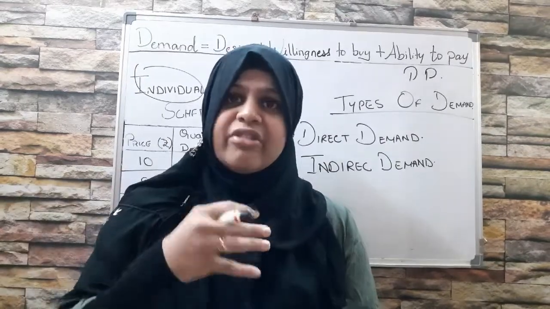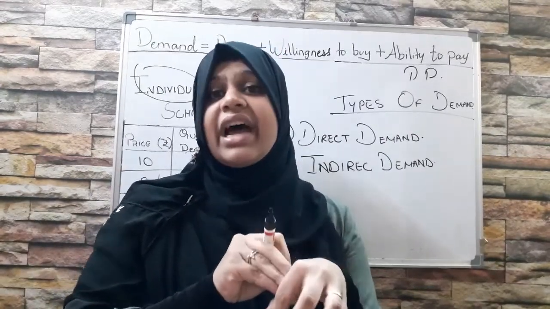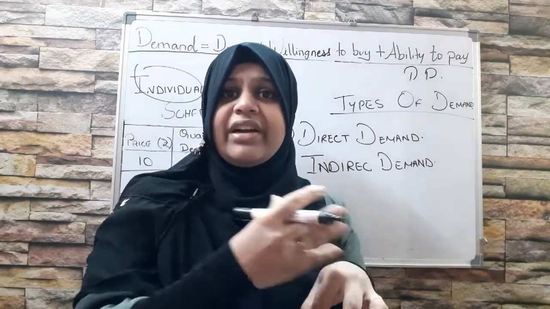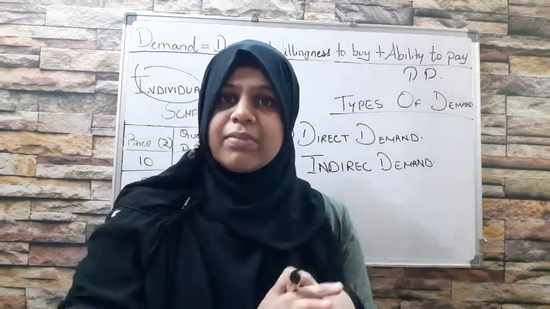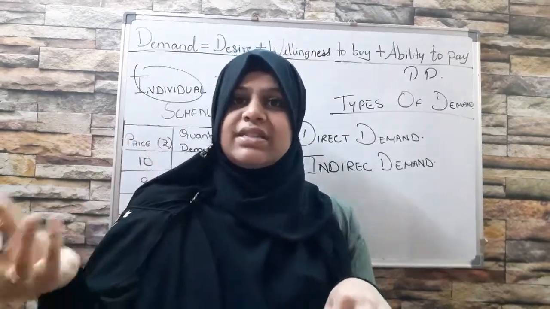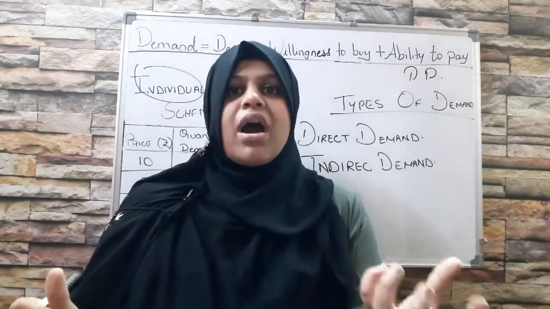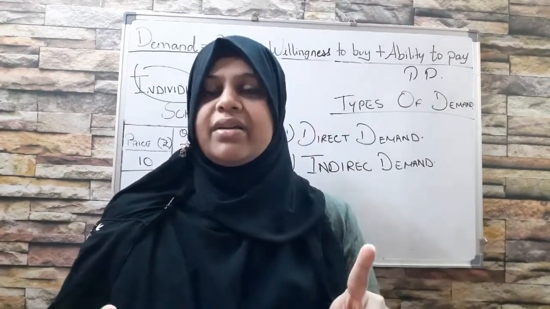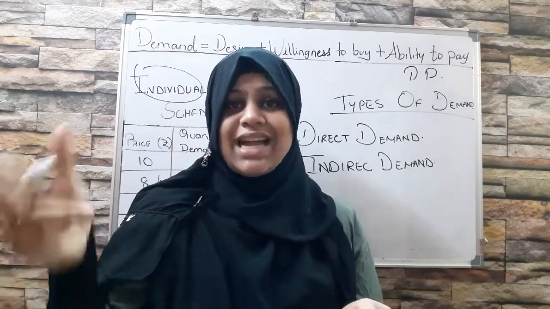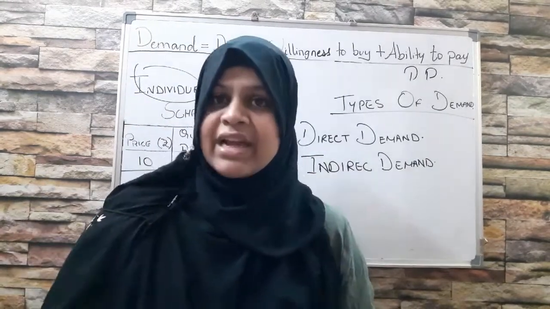So for me, farmer is an indirect demand. I do not have a direct demand with the farmer. I don't need the farmer, but I need the grains, the vegetables that he grows. So my demand for farmer is indirect demand, and my demand for the food, for the rice, for the wheat, for the vegetables that he is growing, that is my direct demand.